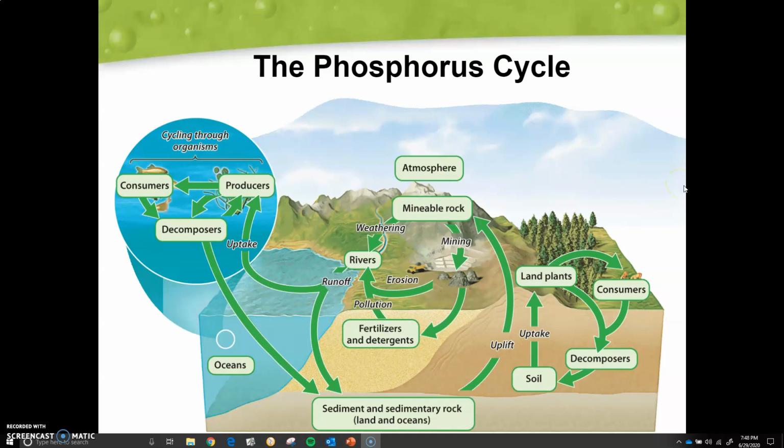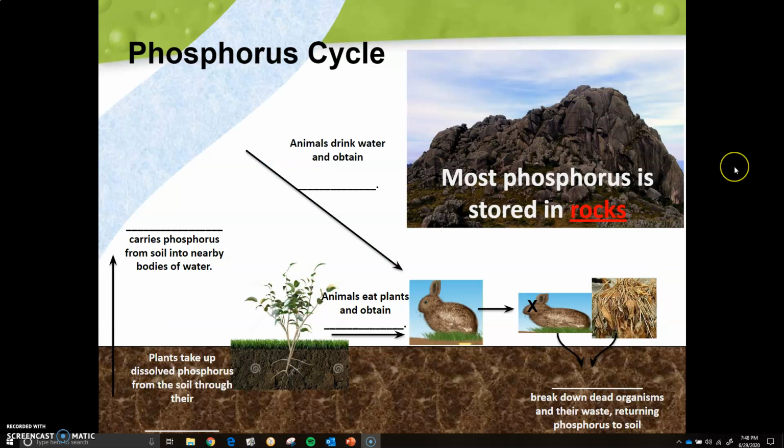Next slide. Okay, so here is a breakdown of the phosphorus cycle. Like I said, most phosphorus is going to be stored in rocks. Plants take up dissolved phosphorus from the soil in their roots. Runoff water is going to carry that phosphorus from soil into nearby bodies of water.